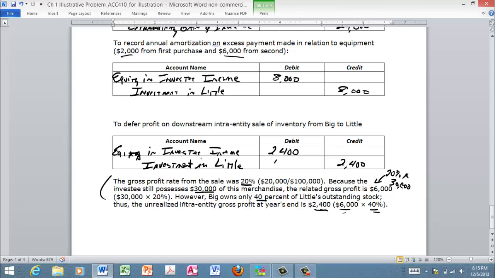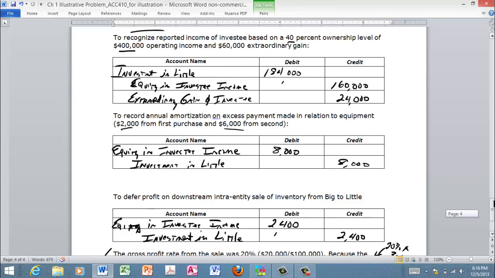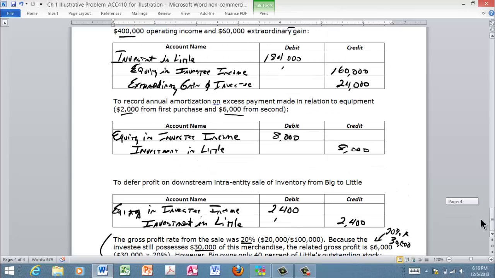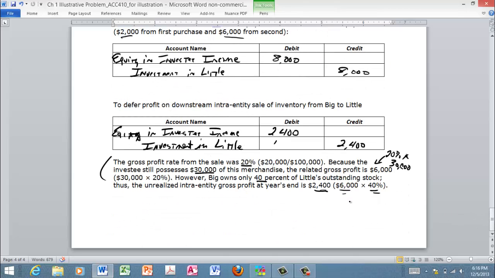So it's important to keep that running total and keep it in detail. Lots of notes, lots of cross-referencing, so that you understand where all these numbers came from, and you roll that balance forward from year to year. Okay? And that concludes our comprehensive problem that discusses the equity method.